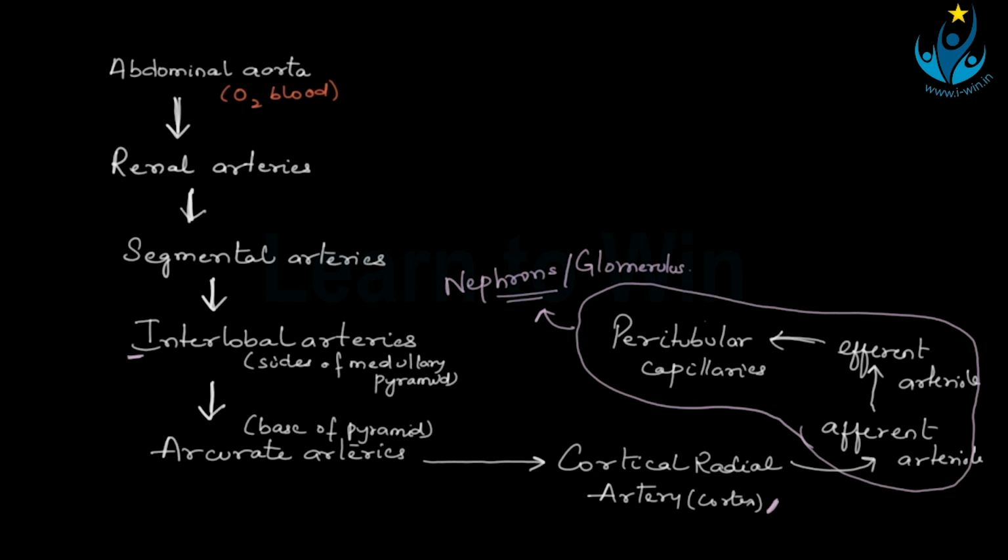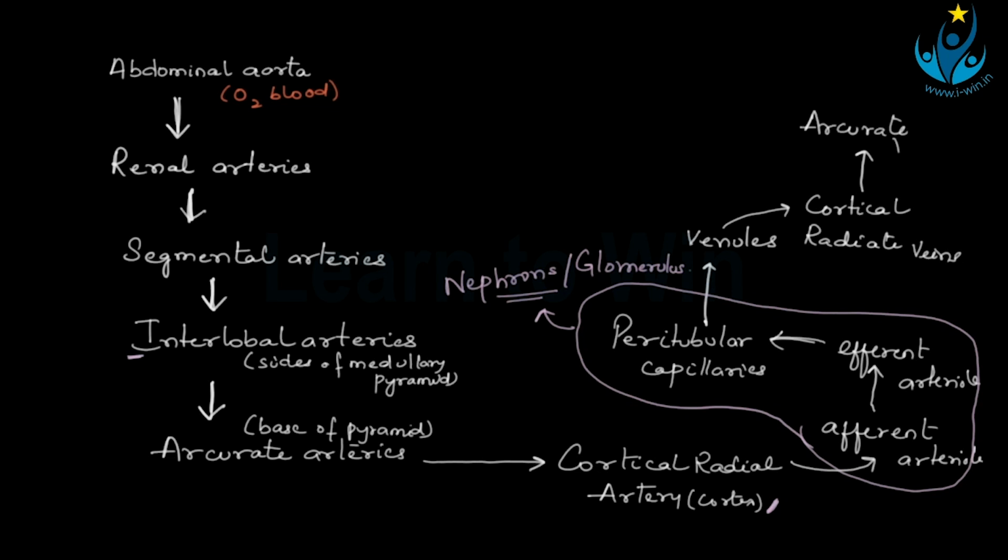Next, the peritubular capillaries will form the venules. The venules will form the cortical radiate veins, which will form the arcuate veins, which will form the interlobar veins.